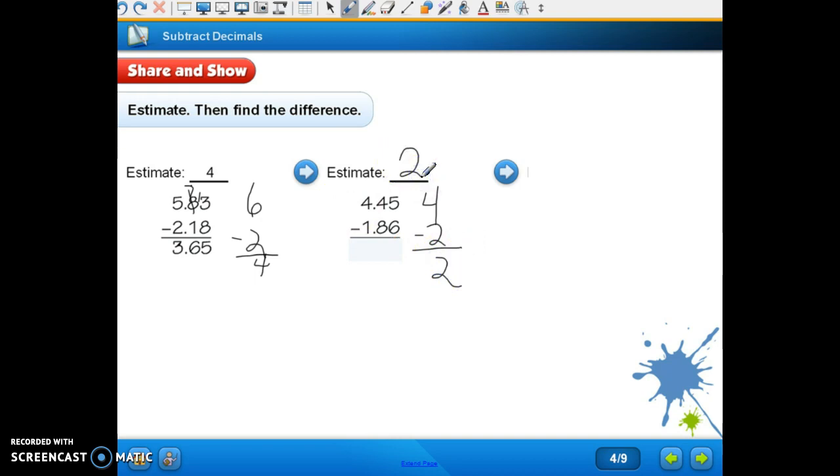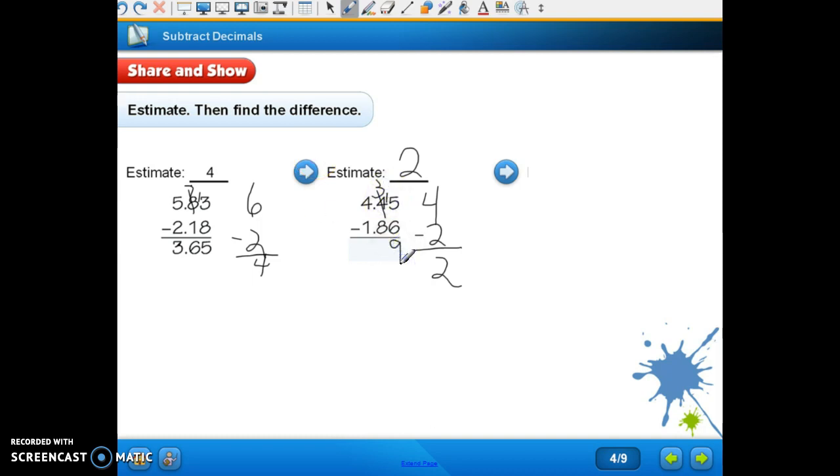Now we have to do some regrouping in our hundredths place because 5 is less than 6, so therefore we cannot subtract that. So go to your tenths place, cross your 4 out, and change that to 3/10. I'm going to give that 1/10 over here to make it 15 hundredths, and 15 hundredths minus 6 hundredths is 9 hundredths.